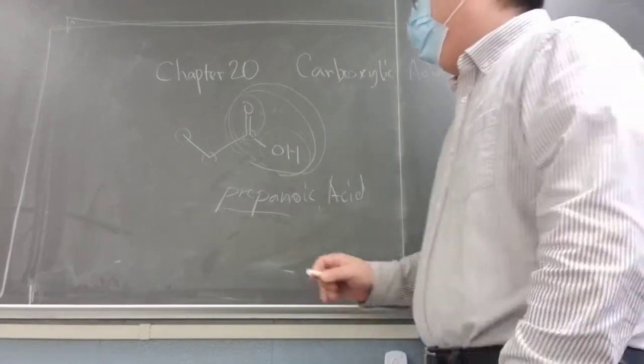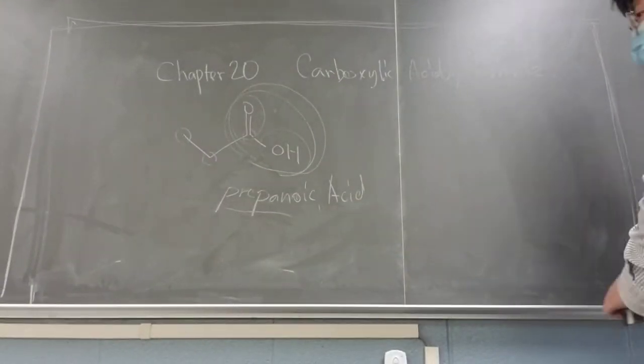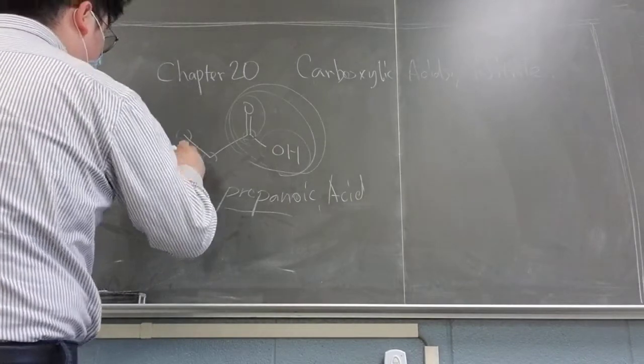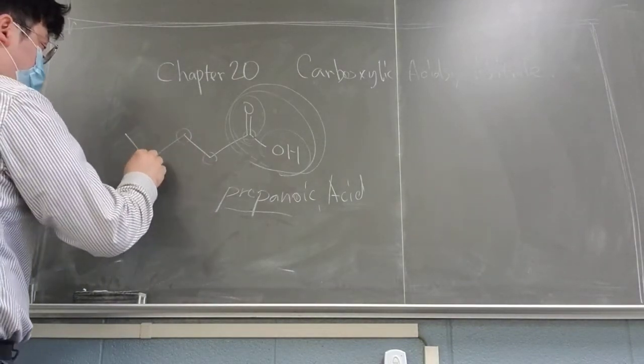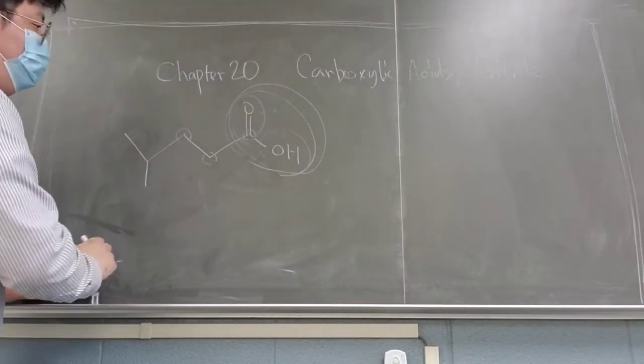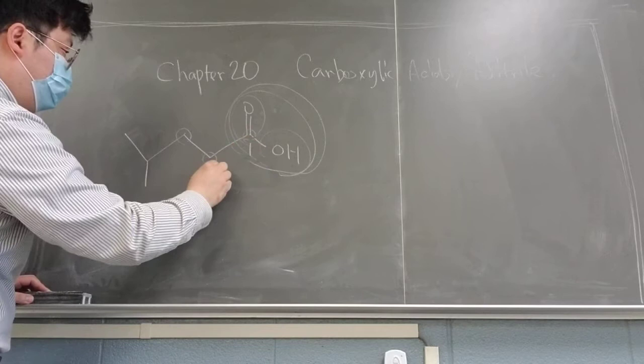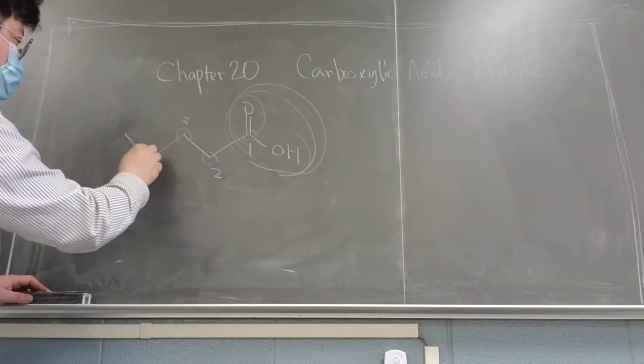So if we have some substituent groups there, maybe this one, okay? In this case, we count the carbon from here: 1, 2, 3, 4, and 5.